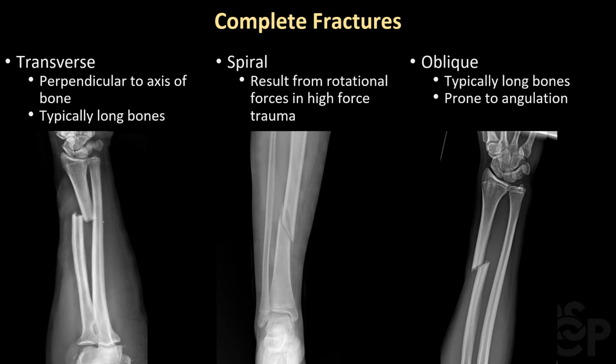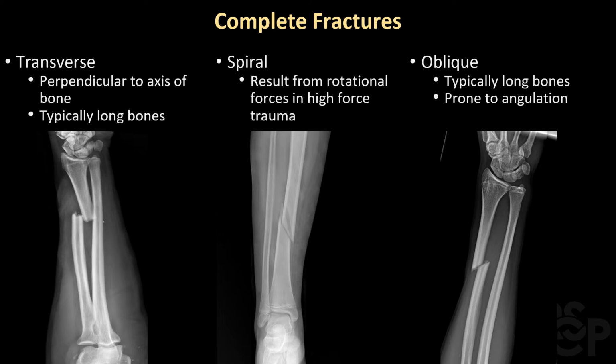It has a diagonal approach through the long bone, showing that rotational force, usually the result of a high energy trauma, and also pretty likely to be associated with some displacement. This picture of the spiral fracture isn't too displaced, but they can usually be a lot more displaced than that.